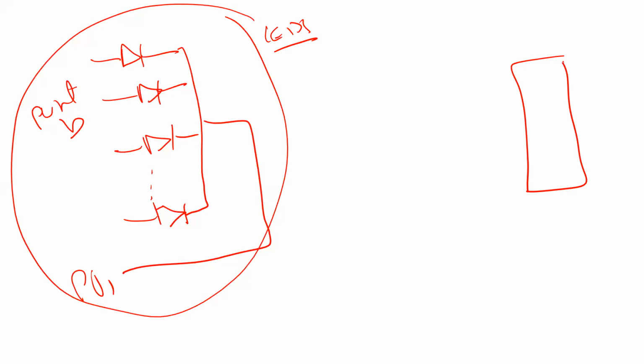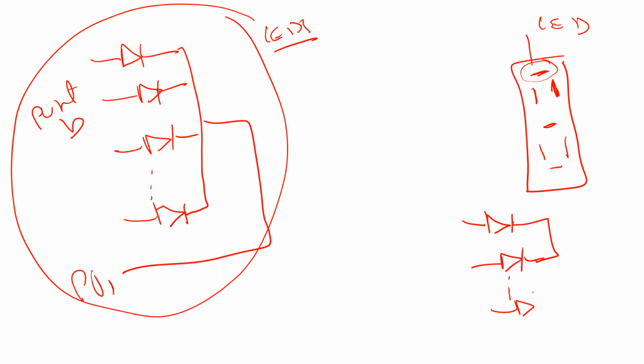Look here, guys. You remember in the 7 segment we have segments, right? This is one segment, one segment, one segment, and so on. Every segment here is one LED, right? And internally it's connected this way. All of them are connected together to PP0, PP1, and so on.